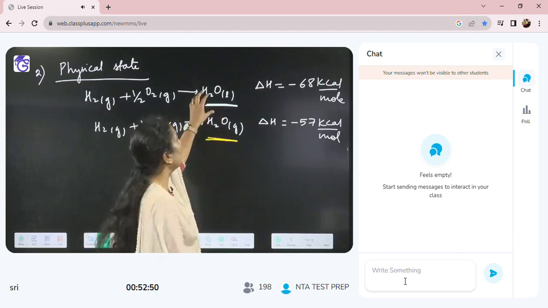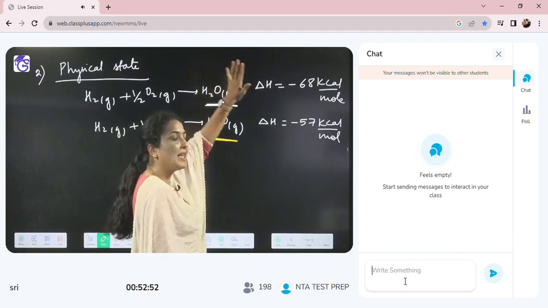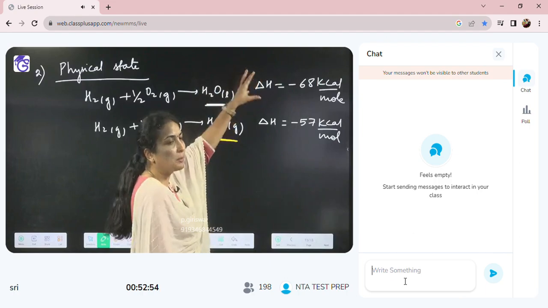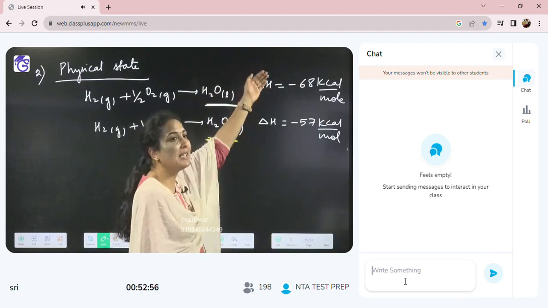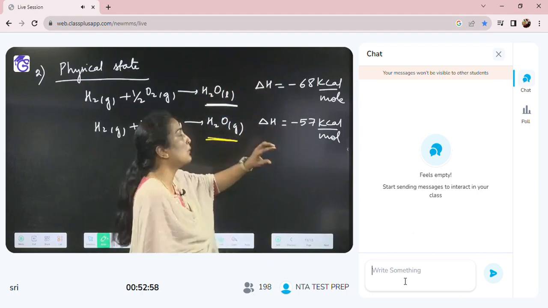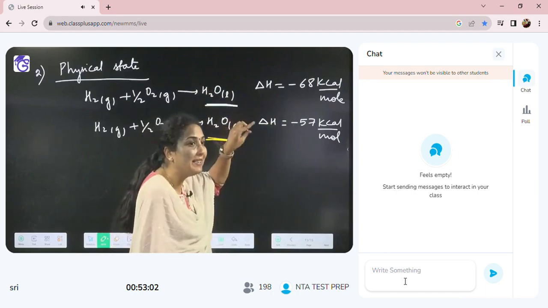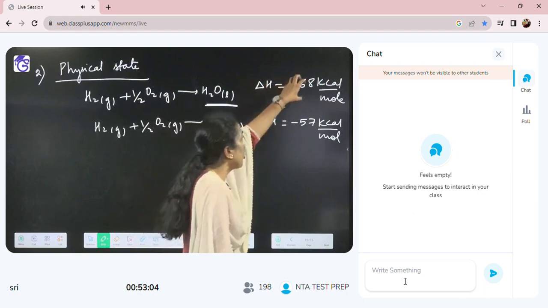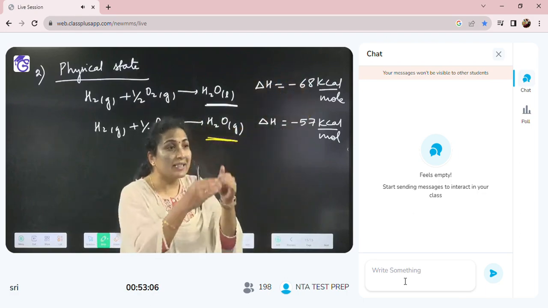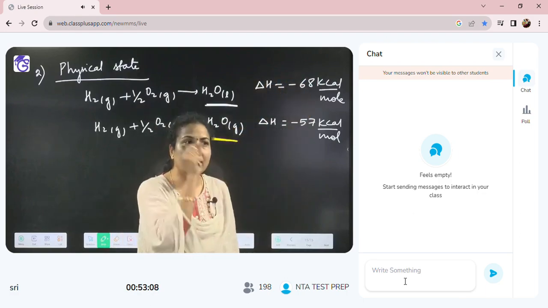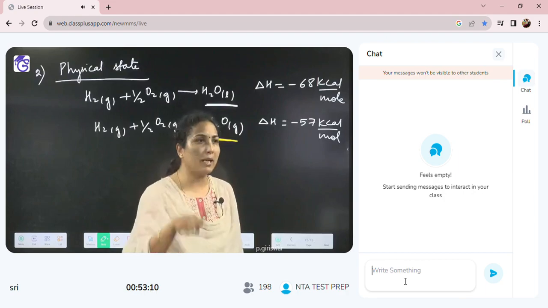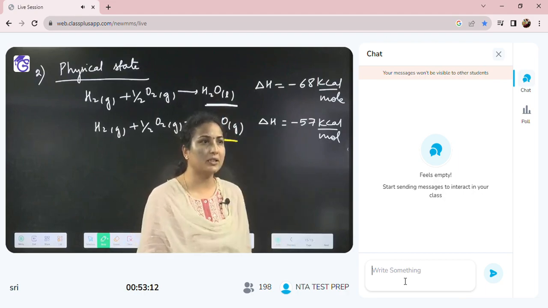So we reach up to liquid, 68 kilocalorie is about to get released, but some amount, that means 11 kilocalorie, is utilized for the conversion of liquid to gas. That's the reason you are liberating less amount here. Simply focus on the magnitude, because it is liberating here. 57 is lesser than 68. Do not apply maths here, that minus 57 is greater than minus 68.